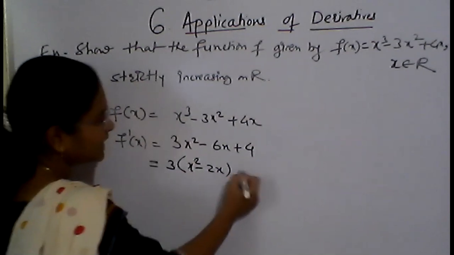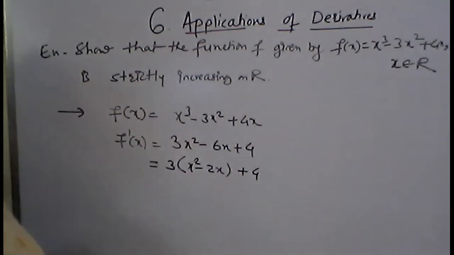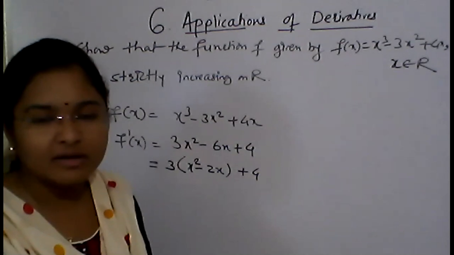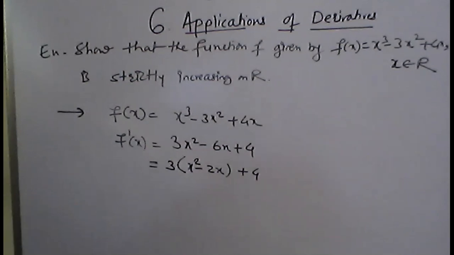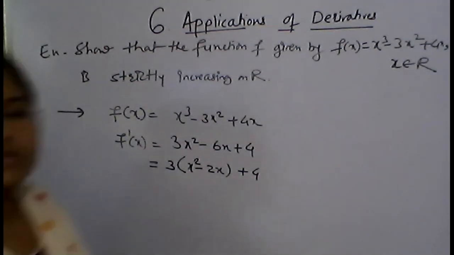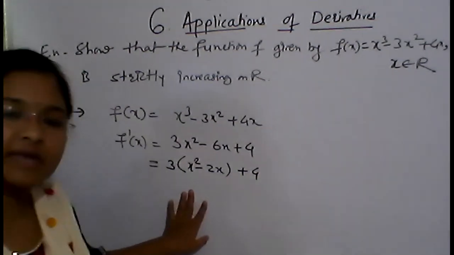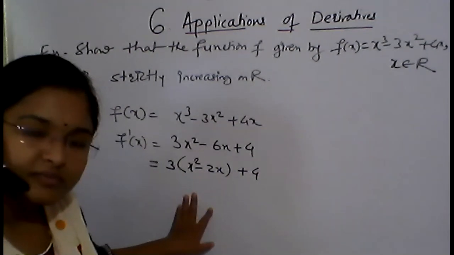Minus 2x suppose and plus 4. 3 in bracket x square minus 2x. Can we write this? Please tell me. Yes, ma'am.